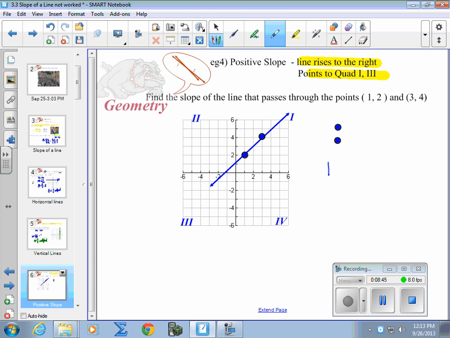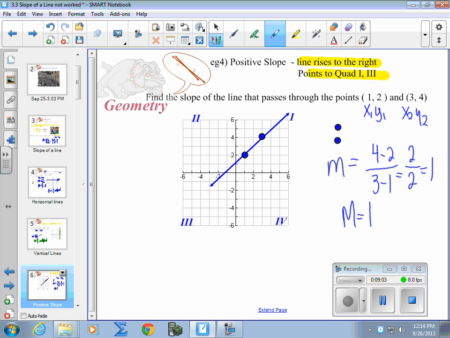Once again, if you find the slope, I would label this x sub 1, y sub 1, x sub 2, y sub 2. So the slope is 4 minus 2 over 3 minus 1. So we get 2 over 2, or slope of 1. Like I said, it has a positive slope, so it rises to the right.